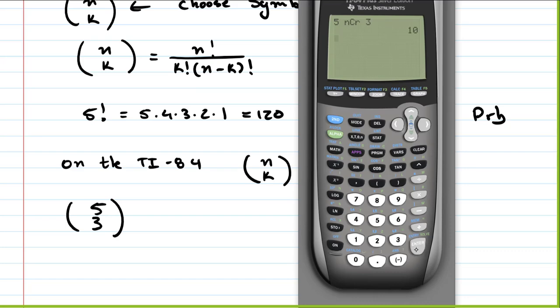And it tells us that 5 choose 3 is 10. And we could keep doing that. If I wanted 5 choose 2, it's also 10. If I want 5 choose 4, that gives me 5, and so forth.